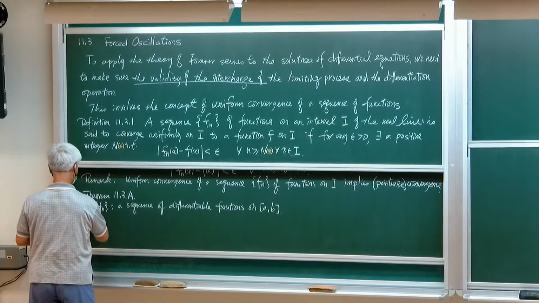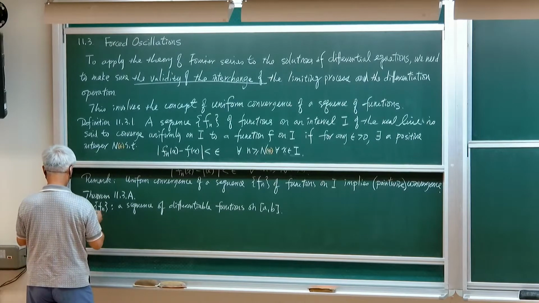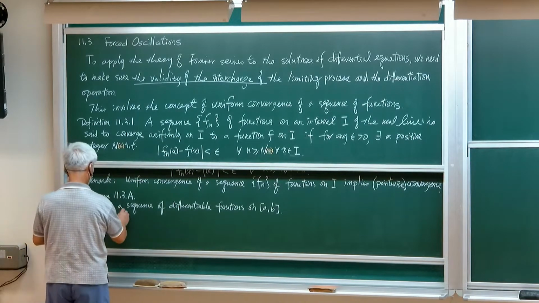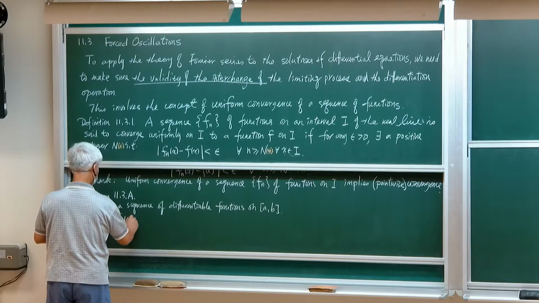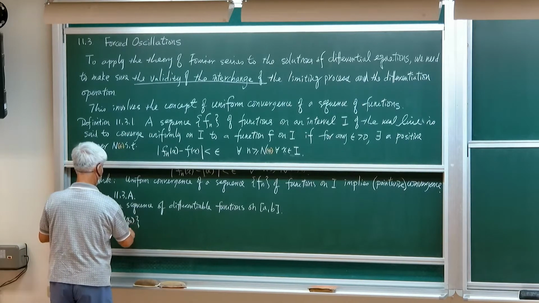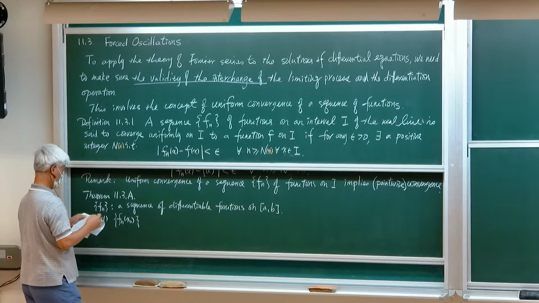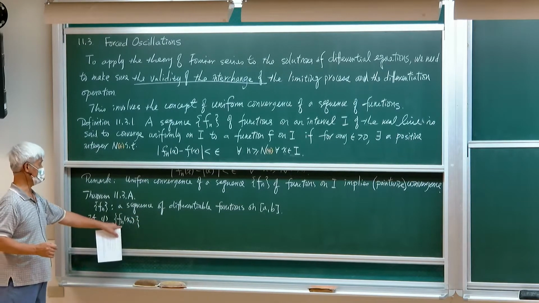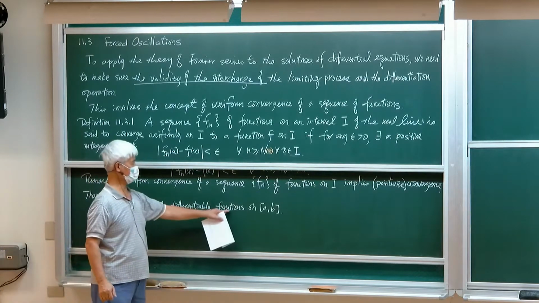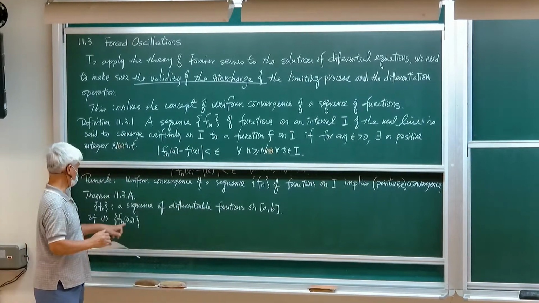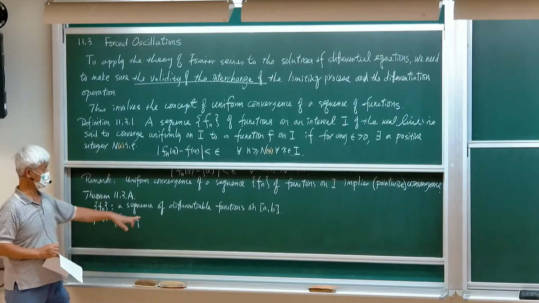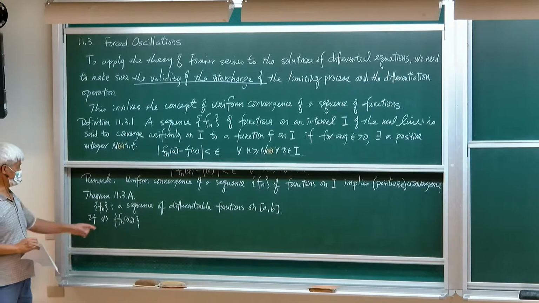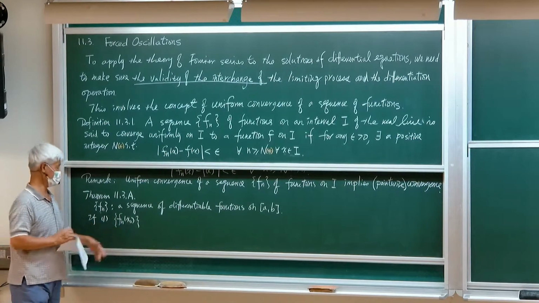Now, if Fn of x0 is a sequence of numbers, right? If the functions are complex valued, then this is a sequence of complex numbers. If the functions Fn are real valued, then this is a sequence of real numbers.